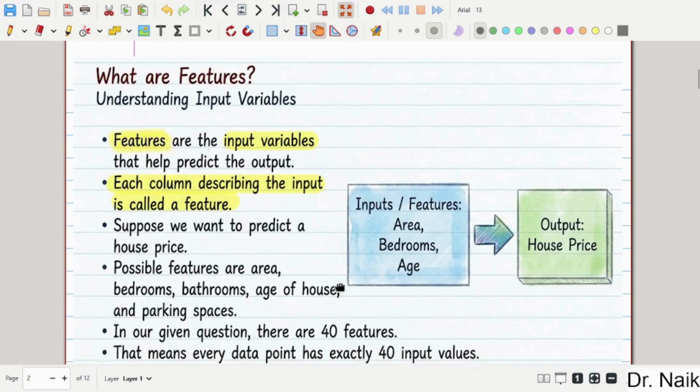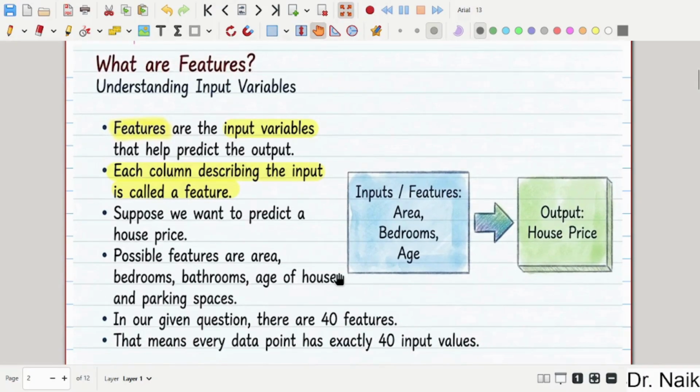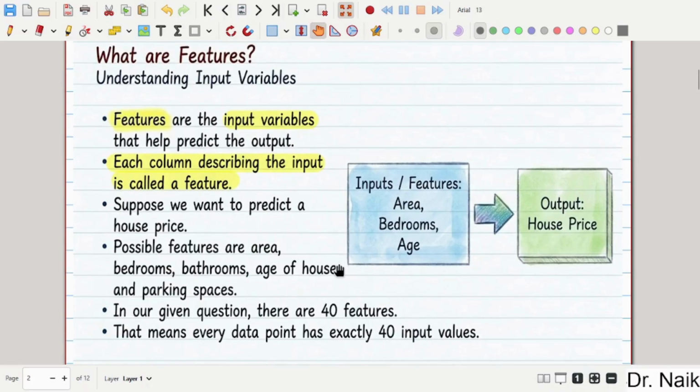Now understand what we mean by features. Features are input variables that help to predict the output. Each column describing the input is called a feature. Suppose we want to predict a house price, and possible features are area, bedrooms, bathrooms, age of house and parking space.